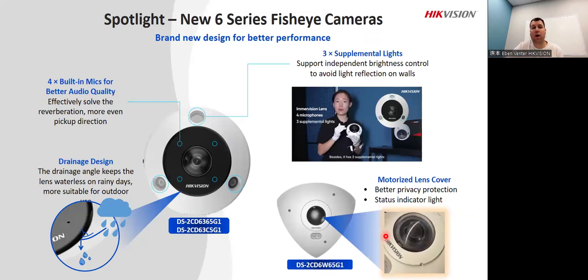Then for our outdoor fish eyes, there are 4 built-in microphones designed for outdoor rain and weather environments, also with warning lights. I'm not going to play the video, but it's very nice and easy to use. It also has a cover for the camera lens in case any privacy is needed, or whatever the case might be.